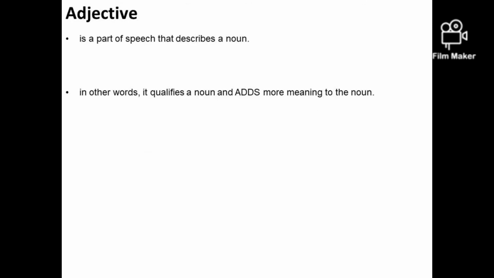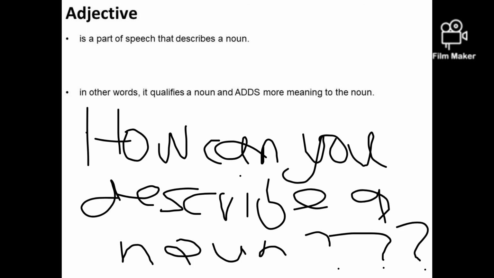What is an adjective? I ask you, how can you describe a noun? That is the question that I ask.